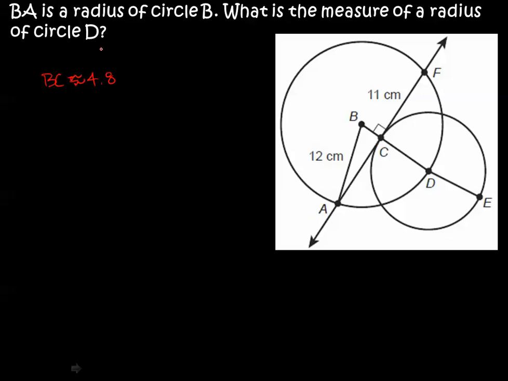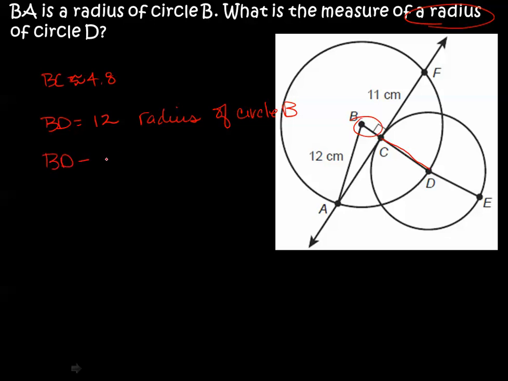And remember, I told you that if we want to find out what the radius of circle D is, which is this CD, we know that BD is 12 because it's the radius of circle B. And if we could find out what BC was, which we did using the Pythagorean theorem, we could just subtract that. We could say BD minus BC is going to give me the length of CD, which is the radius of circle D. Whew, that's a whole lot of letters.